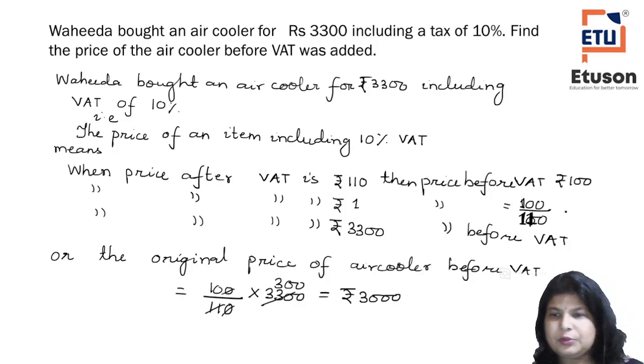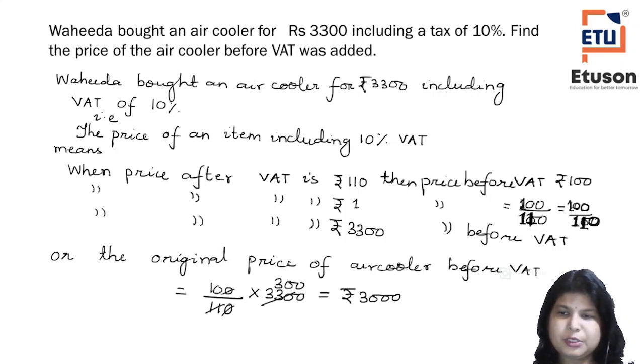So let me just clearly write it here. So here actually we have used the unitary method. It is 100 divided by 110. Okay, so just for confirmation I am repeating it. So when the price after VAT is 110, the price before VAT is rupees 100.